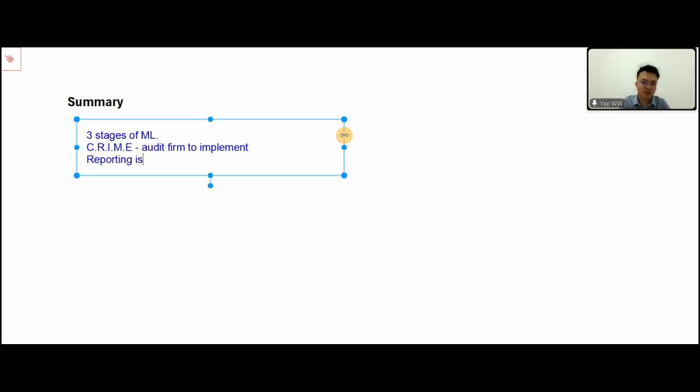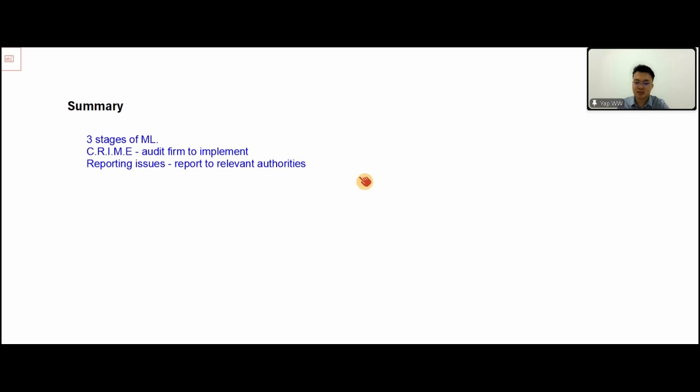And also the reporting issues. How do we report to the relevant authorities? Report to the MLRO first. So these will be the main areas that past year questions might ask you.